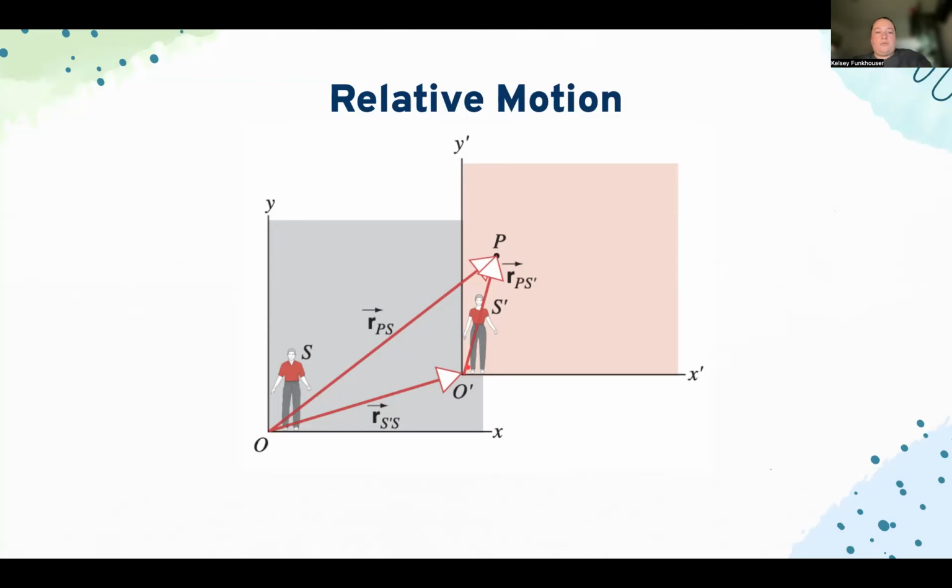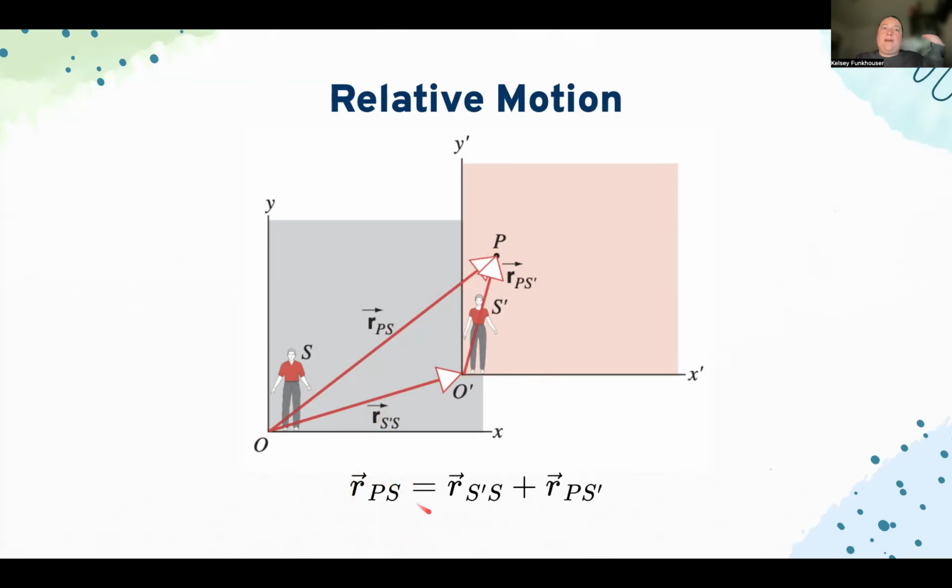So we know vector addition now, and we can say that R S prime S, this, plus R P S prime equals this vector here.